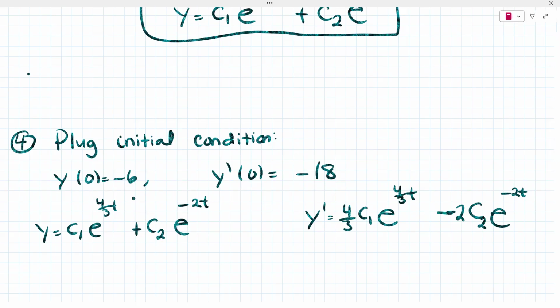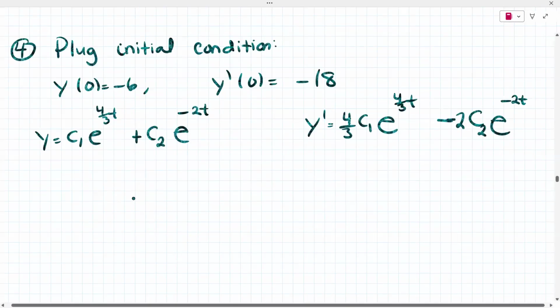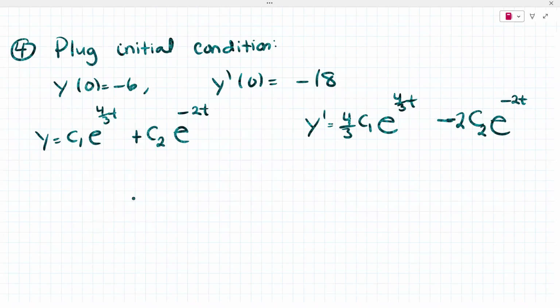Okay. We're going to use that to find C1, C2. So let's plug in our initial condition. Your x is your t, so your t is going to be 0 and your y is going to be -6. So it's going to be -6 equals C1 e, and then replace your t with 0.